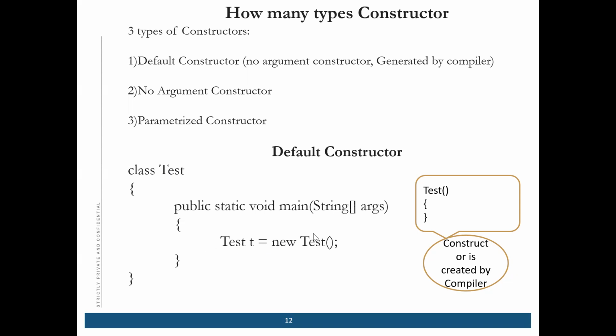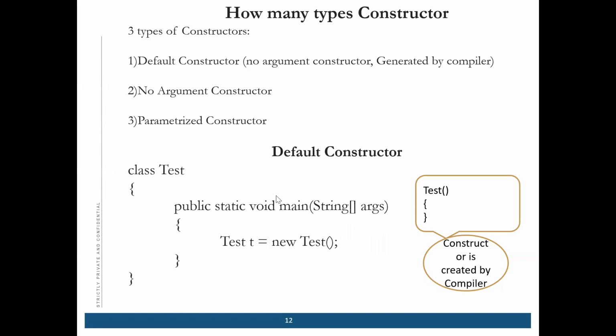So as I told you, this is a constructor, test and parentheses, which doesn't have any access modifier, public, private, protected. It is compiled automatically. It is created by the compiler. So this is called the default constructor, which will always be called whenever we create an object.